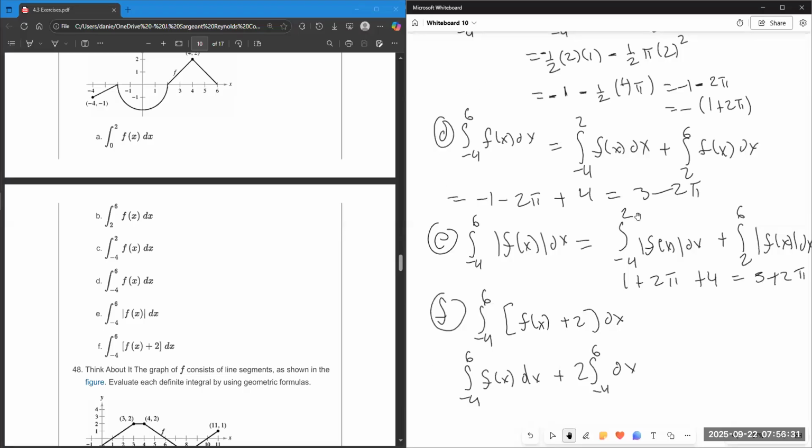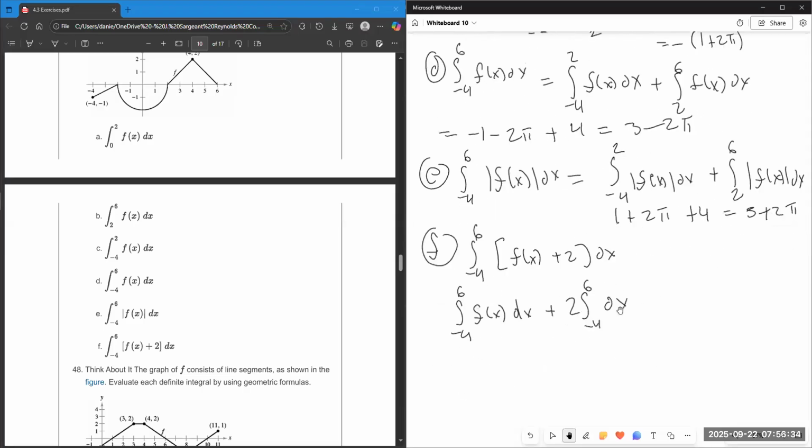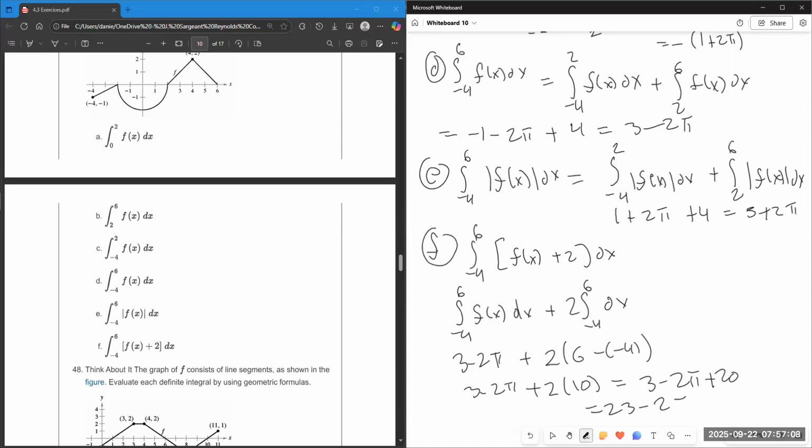The -4 to 6 f of x was right here, was 3 minus 2 pi plus, and then this is 2 times 6 minus a -4. It's one of my properties that when I have just integral of dx, that's x evaluated in these, so I can find the difference between the x values. So that's 6 plus 4 is 10. So that's 3 minus 2 pi plus 20 gives me 23 minus 2 pi for my final answer.